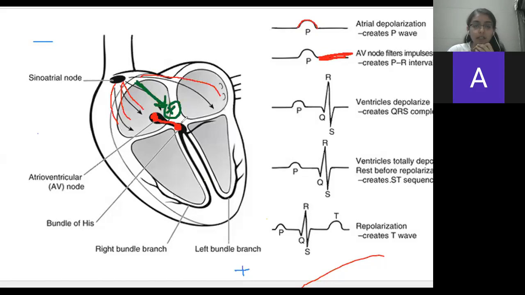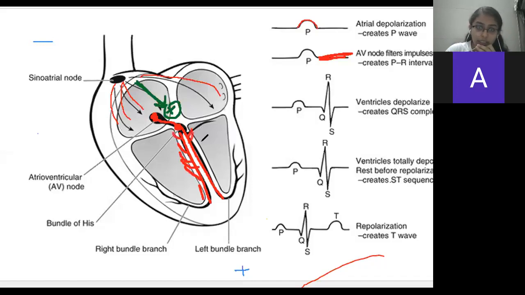Now here we reached the bundle of His. Near the bundle of His, the nature of this tissue is such that there is rapid flow of charge from this part. But now the charge has to flow from the bundle of His to the cardiac tissue which it is surrounding. So it will start from in to out, meaning it will start generating impulses in this way, this way.